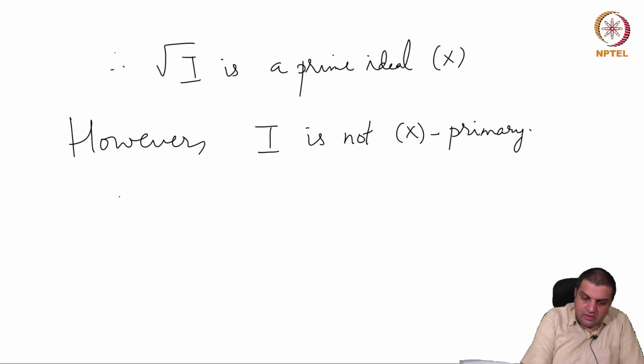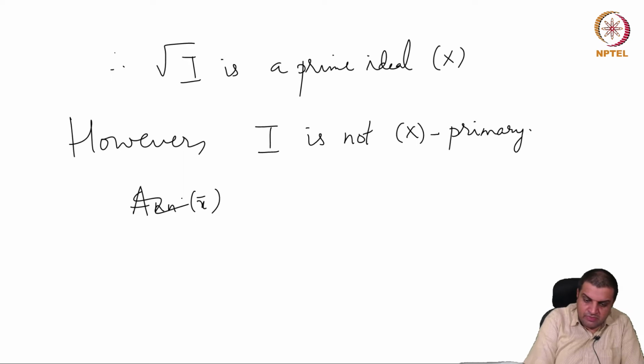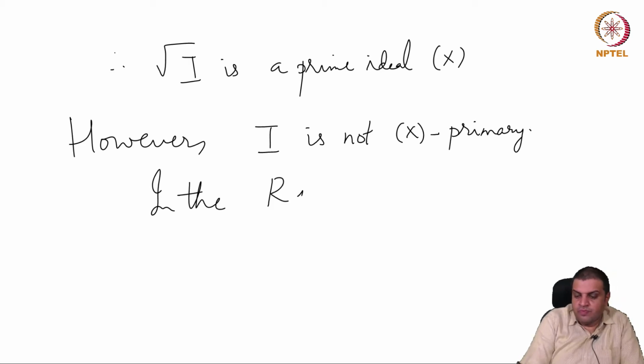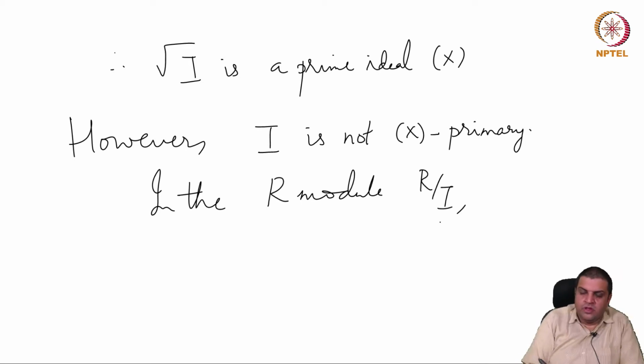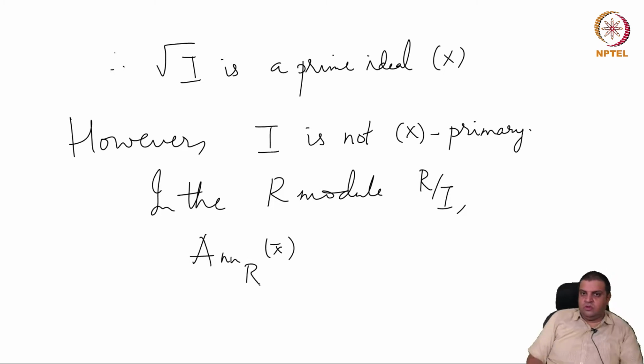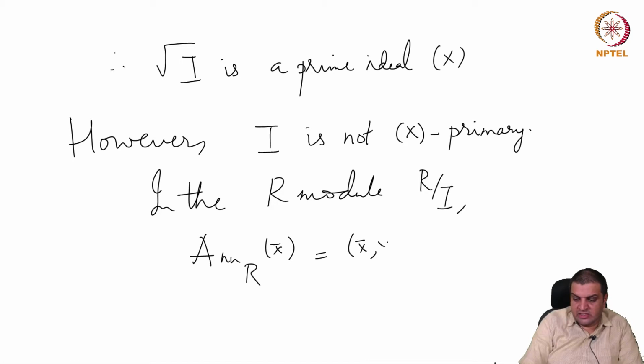Consider, in the module R mod I, the annihilator of x bar. The annihilator in R of the element x bar is the ideal generated by x and y, since x bar times y bar equals 0 and x bar times x bar equals 0.